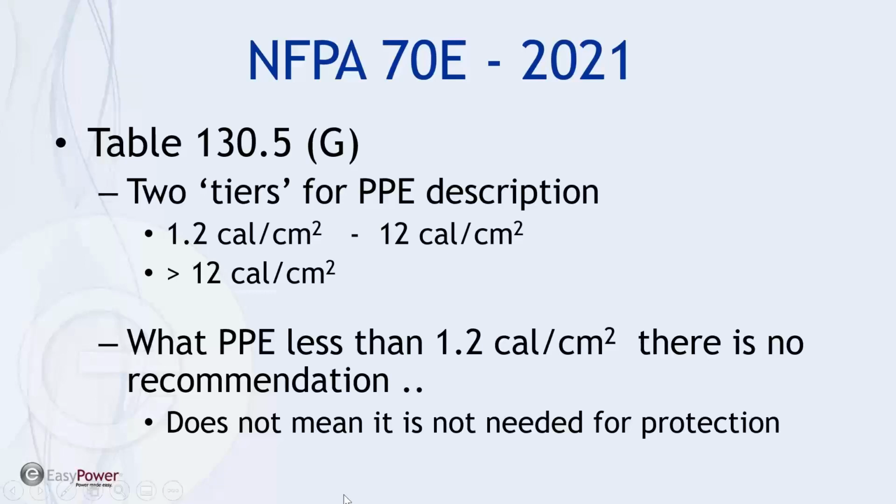And by the obvious exclusion of less than 1.2 calories per square centimeter, folks doing studies were kind of left with a quandary over how to handle this category of less than 1.2 calories. The concern, and my observation, is, what does it mean? Does it mean you don't need protection?